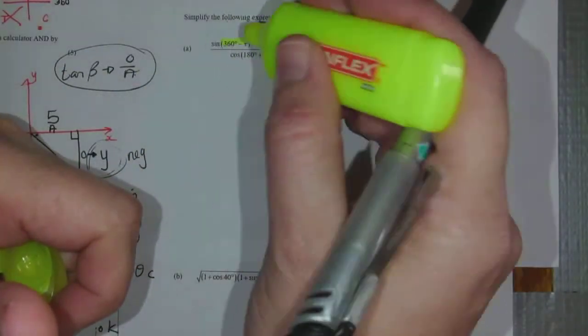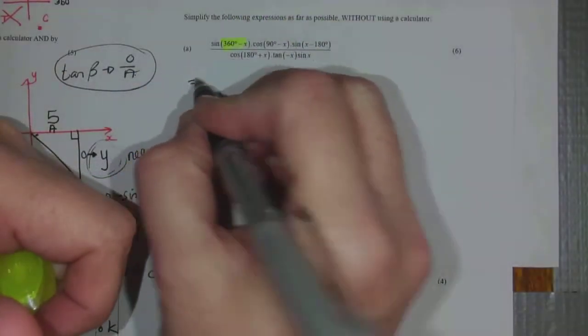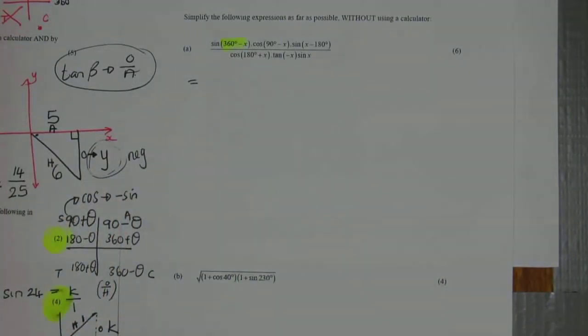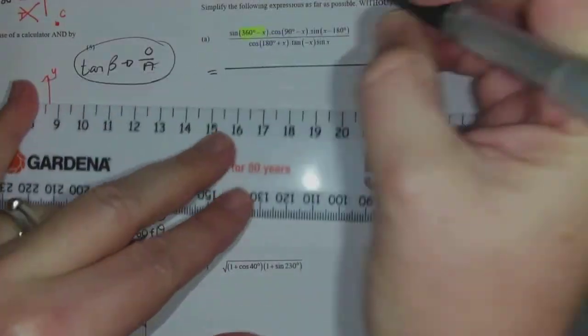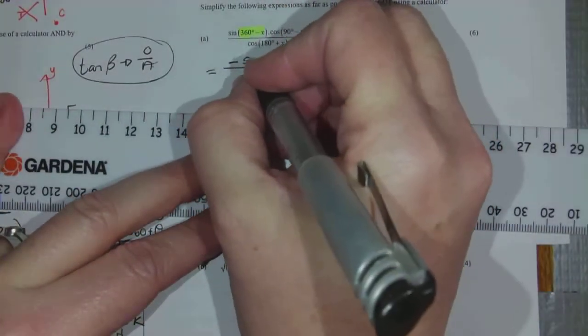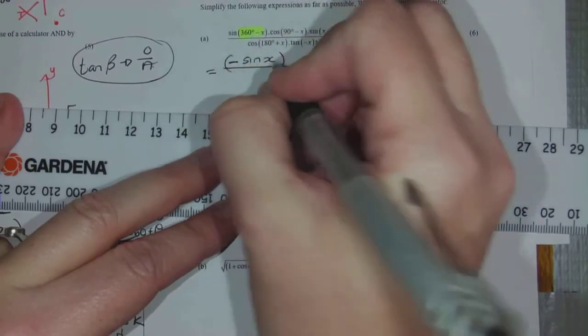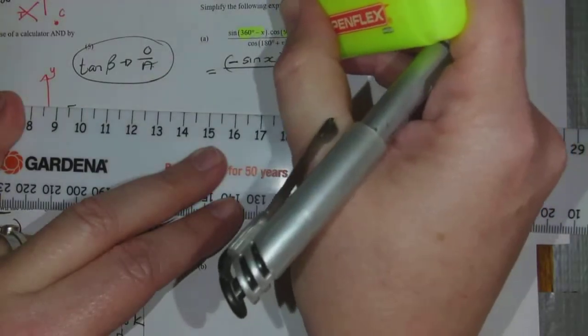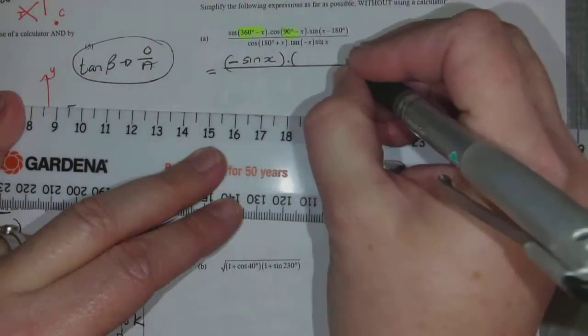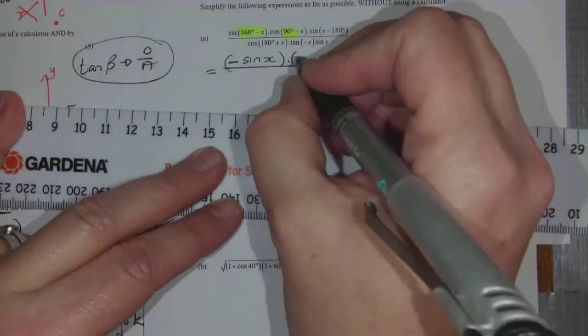So once again, I know that sine in 360 minus is going to be a negative. Just draw a line. So 360 minus will give me negative sine. Then I have cos. Now the moment I have a 90 minus, I know that that needs to change to a sine.